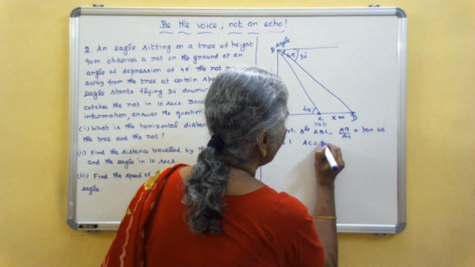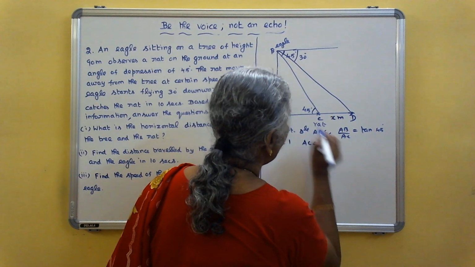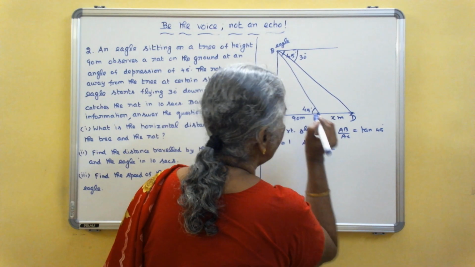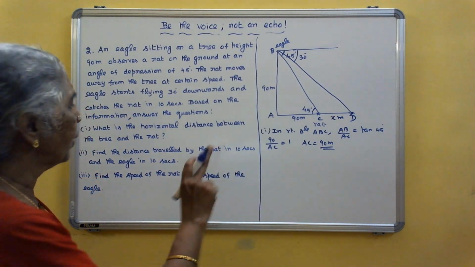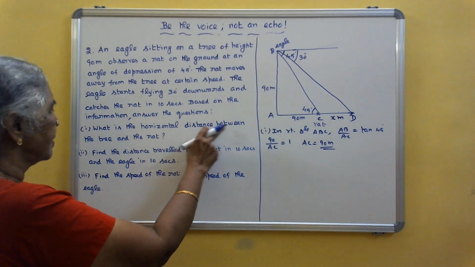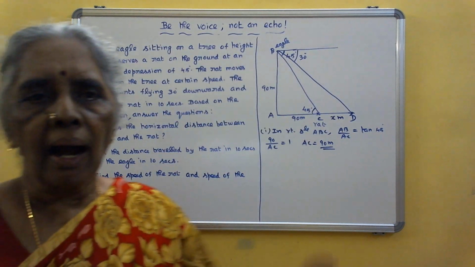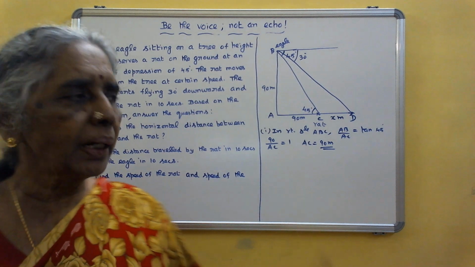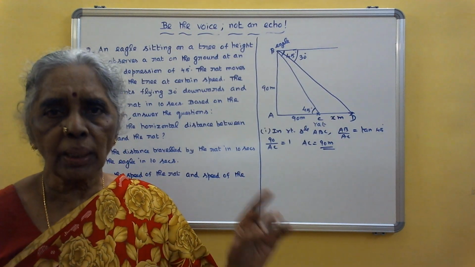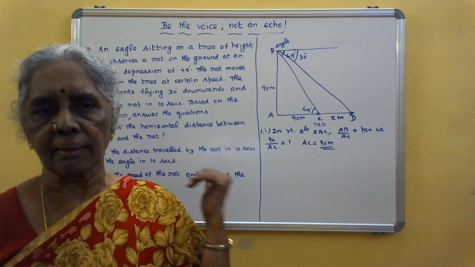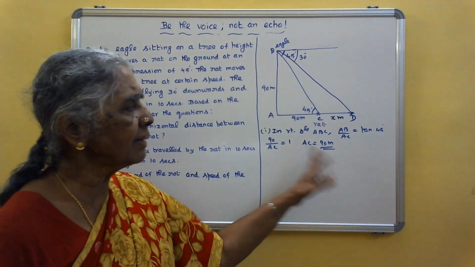So AC is equal to 90 meter. So this is 90 meter, and that is the answer for the first question. So you have to write: the horizontal distance between the tree and the rat is 90 meter. Don't stop with AC. So write the horizontal distance between the tree and the rat is 90 meter.